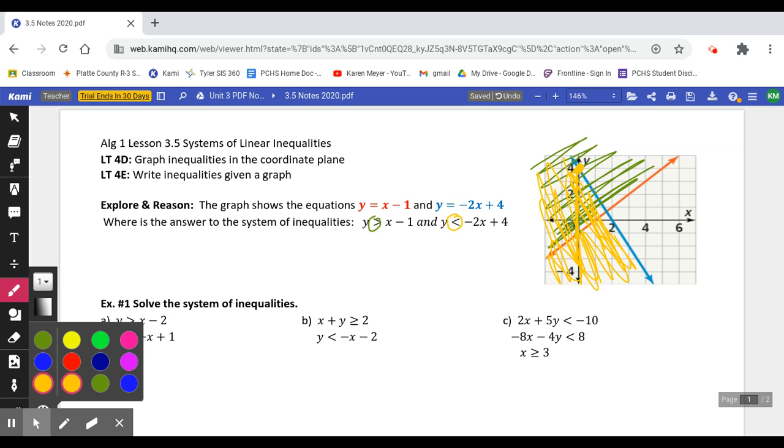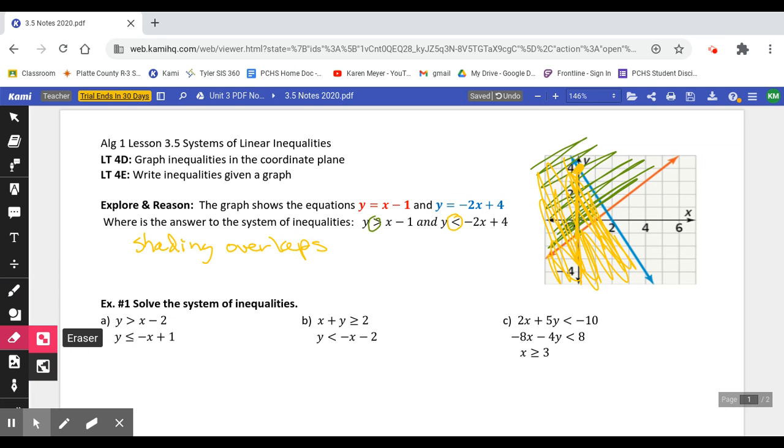So when you're graphing multiple inequalities, the answer is going to be the part where the shadings overlap. Okay, so we're looking at where the shading overlaps.